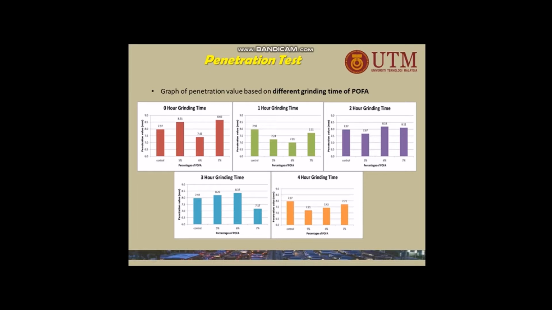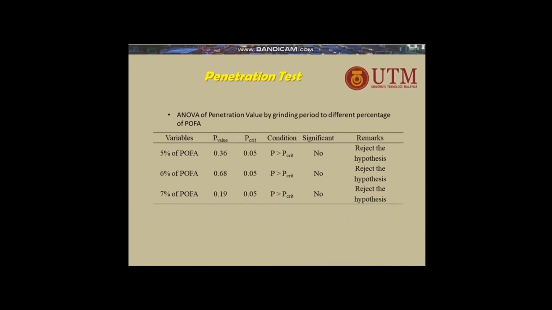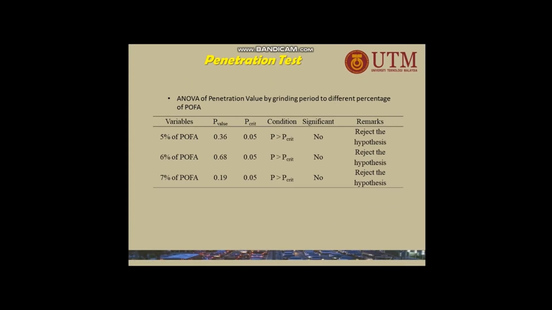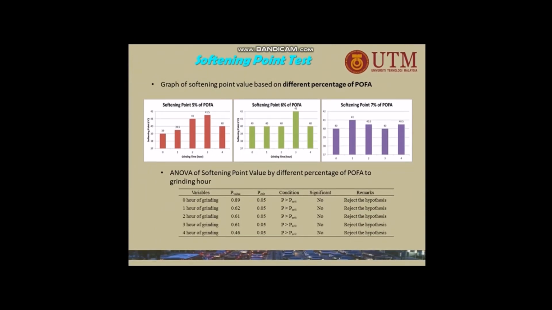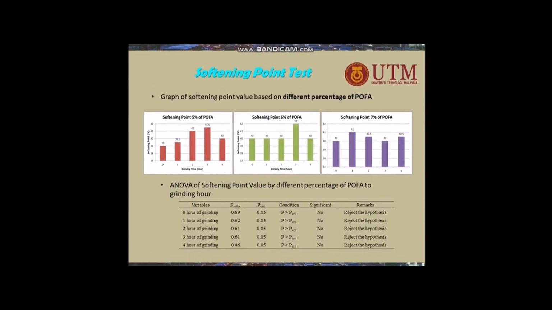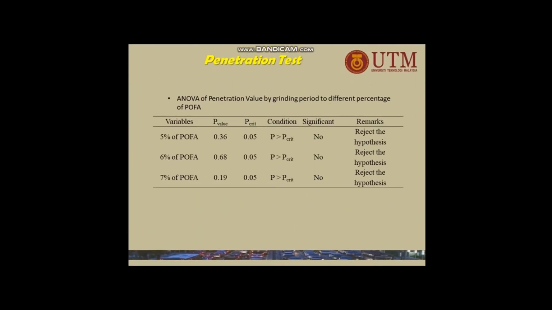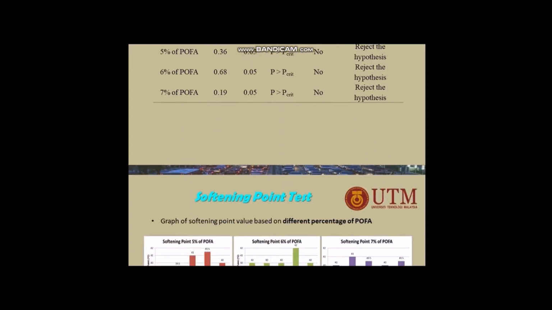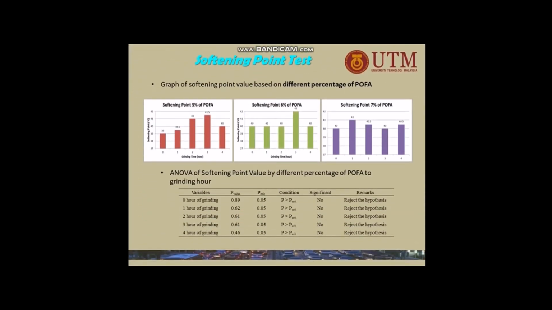To see if different percentages of POFA have a significant effect on penetration value, the ANOVA test is also run. From the table, P is also greater than P critical, so the hypothesis is rejected for all samples. As a conclusion on penetration value, grinding time and different percentages of POFA have no significant effect on the penetration value of modified bitumen.